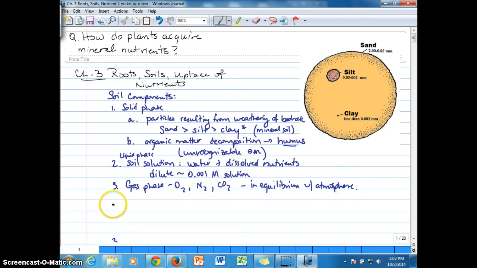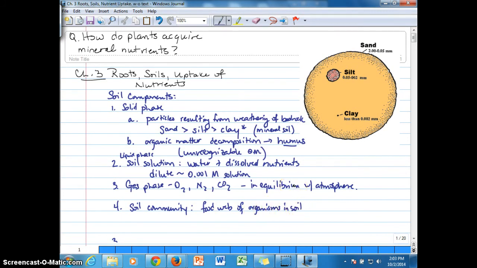Okay. Then we have our soil community, and we'll mention those a bit more this time, which are basically all the other living organisms in the soil, such as earthworms and bacteria and fungi and invertebrate organisms, and they basically set up a whole food web of interactions in the soil.